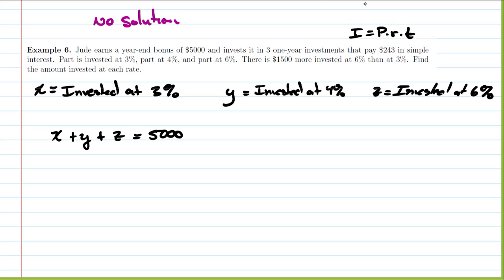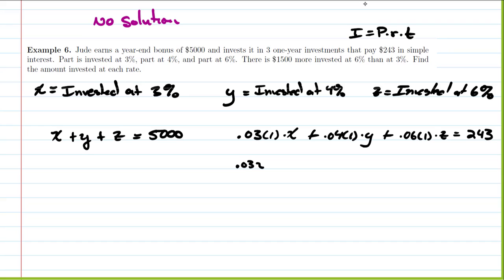So the 3% investment is 0.03, the interest rate, times 1, the time, times x. Same thing for y is 0.04 times 1 times y, plus 0.06 times 1 times z, and that has to equal his total interest, 243.